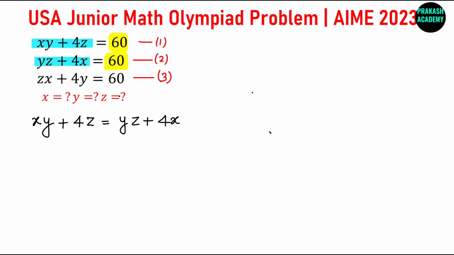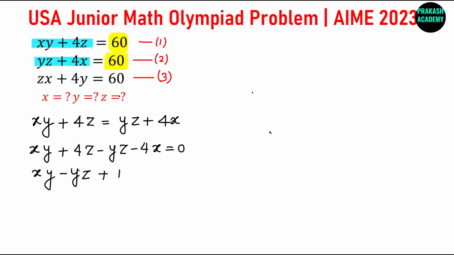Now I can take everything to the left hand side: xy + 4z - yz - 4x = 0. Now I can club the two terms together, xy - yz, and + 4z - 4x = 0.